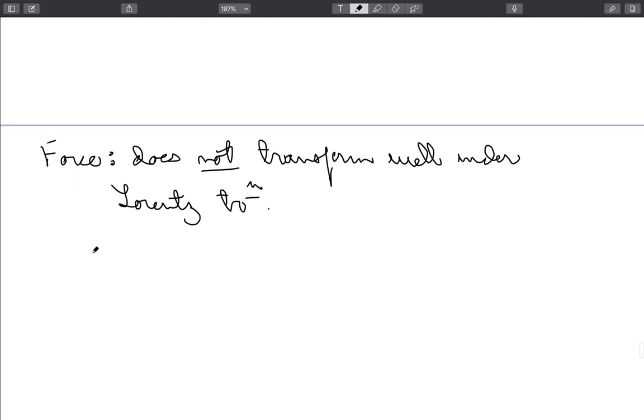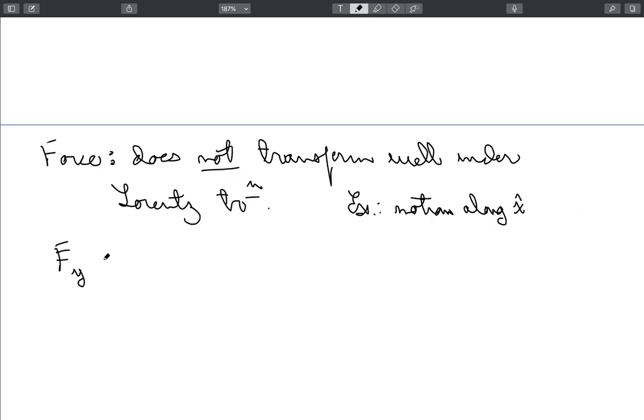Okay, so for example, let's say we go to a frame moving with velocity v as compared to the first one, and we want to compute the new value of the force. Let's take an example of motion along x that we had.